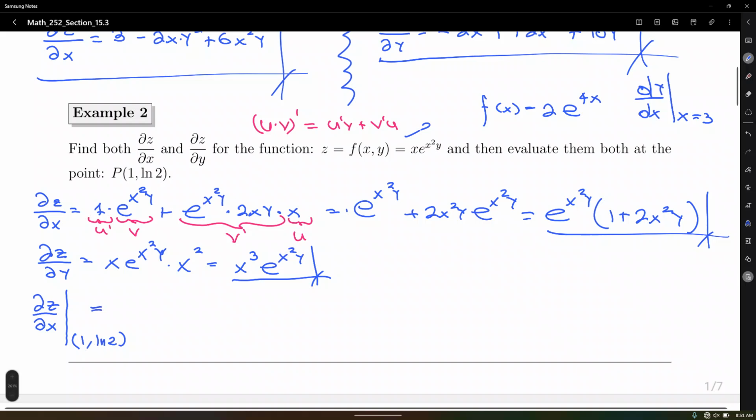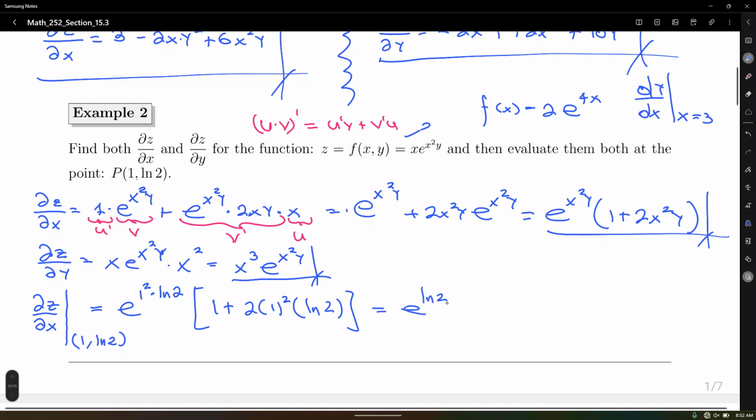Simply substitute. So, e to the 1 squared times ln of 2, times 1 plus 2 times 1 squared, times ln of 2. Okay, just simplify. 1 squared is equal to 1.